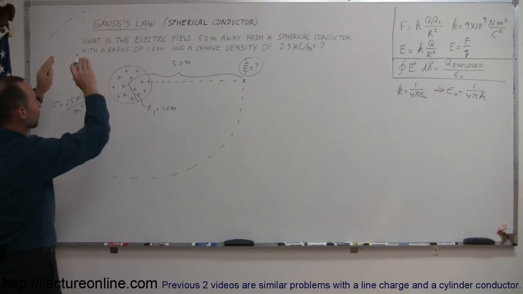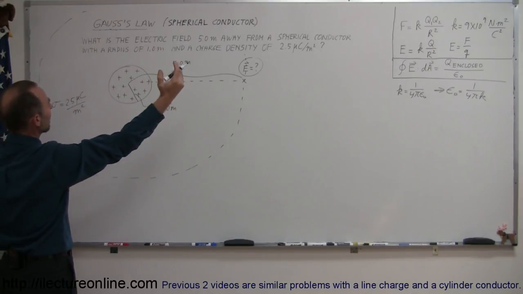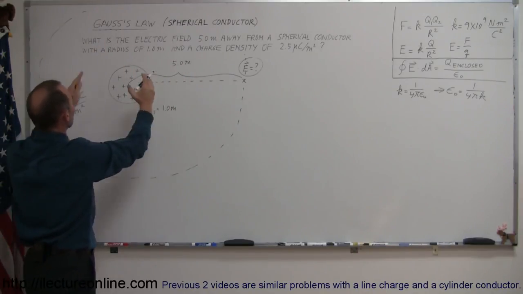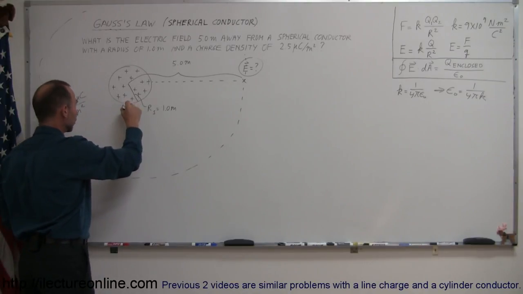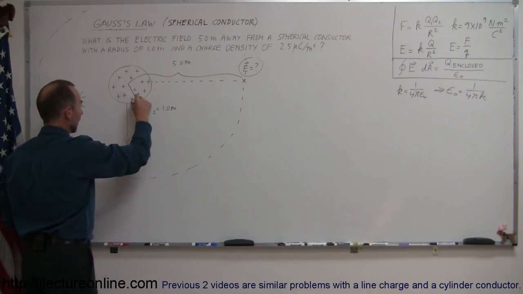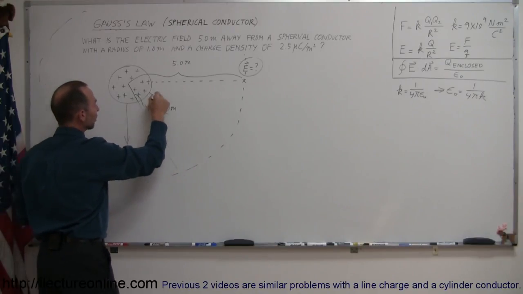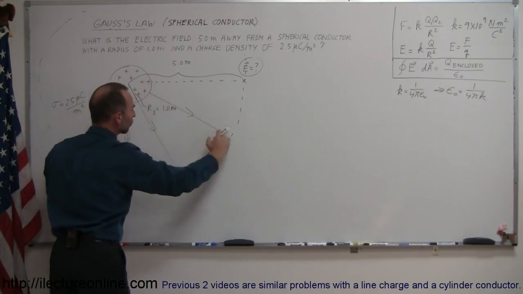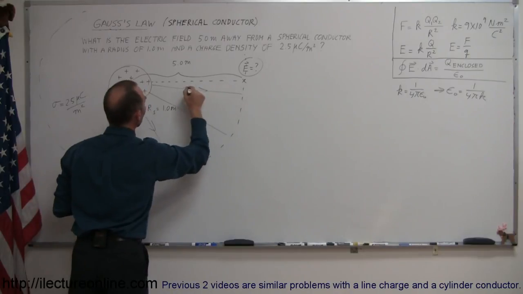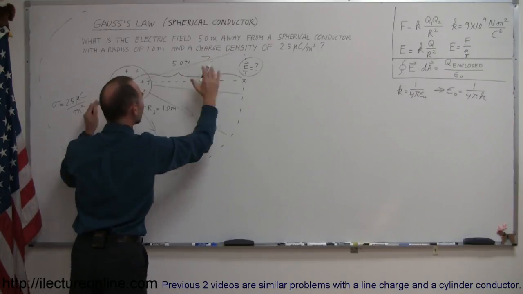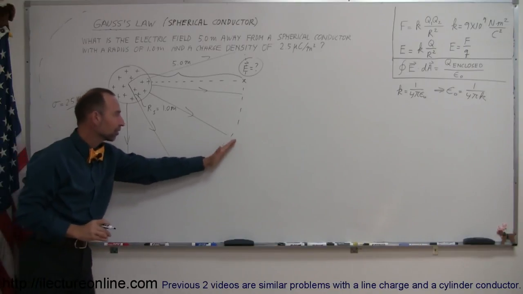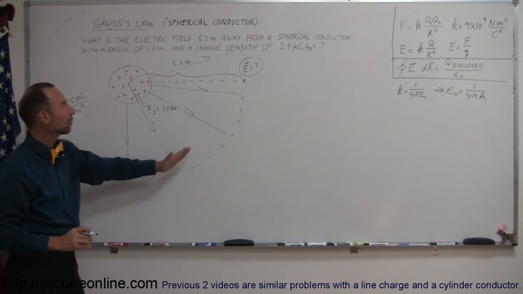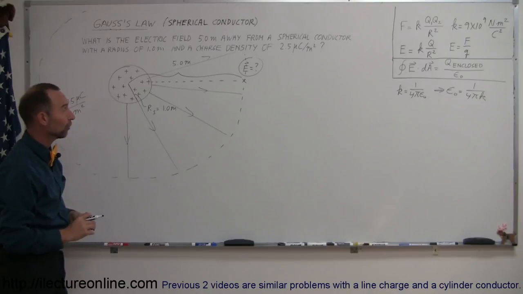So imagine a big beach ball 5 meters in radius that completely encapsulates this charge in such a way that you can then assume that the electric fields emanating away from this conductor will go through the Gaussian surface radially outward. And you can then also see that the strength of the electric field at this boundary of this Gaussian surface is the same everywhere along the boundary of the surface.